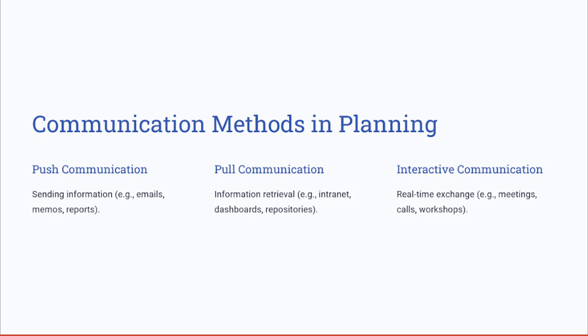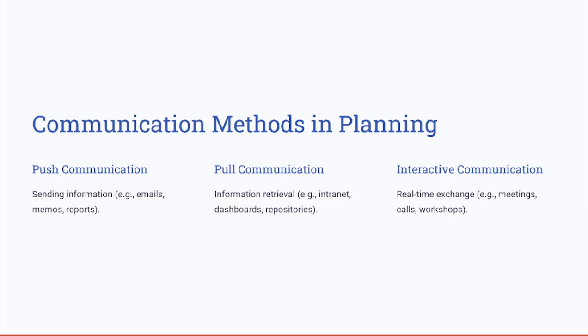On the other hand, pull communication allows stakeholders to access details as needed. Think of uploading the project progress report on an internal website and allowing stakeholders to access that page whenever they need. This is a type of pull communication.